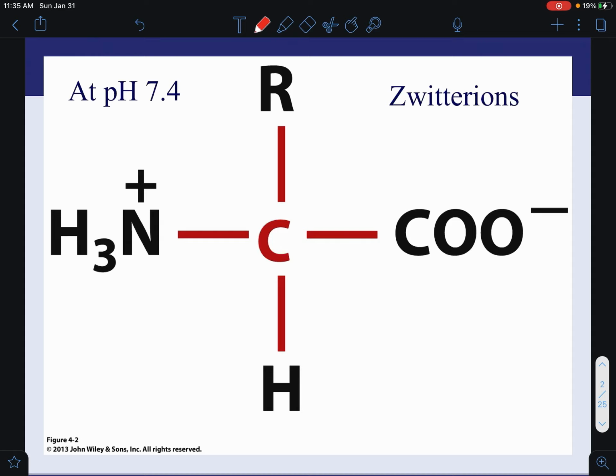Basically, and I'll touch more on it a little bit later, this is determined by the pKa of both of these groups. For carboxylic acid, you can think of the pKa as being roughly about 2, while for amino groups, you can think of the pKa as being around 9. So basically, if the pH is greater than the pKa, you are deprotonated.